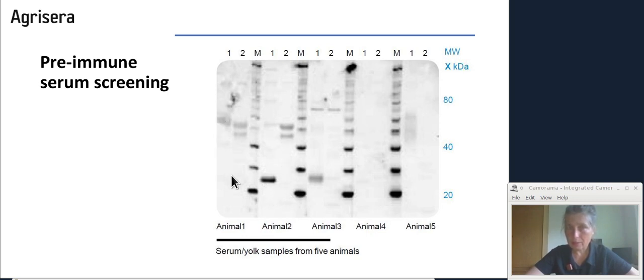So these animals are not really useful for antibody production against proteins in a range between 60 and 20 kilodaltons. The best here in this screen is animal 4. As a rule of thumb, we are saying that following such a pre-immune screen, one should choose animals where there is no signal plus minus 20 kilodaltons of a target protein.